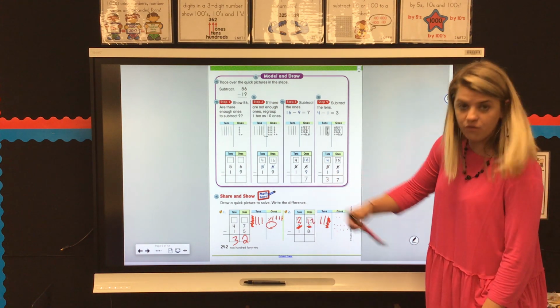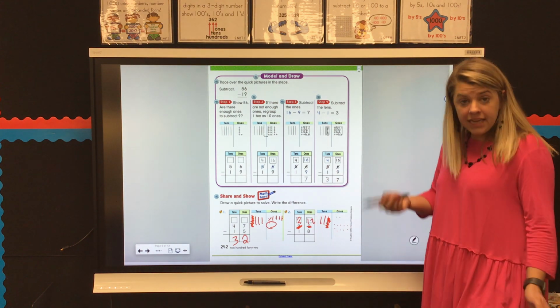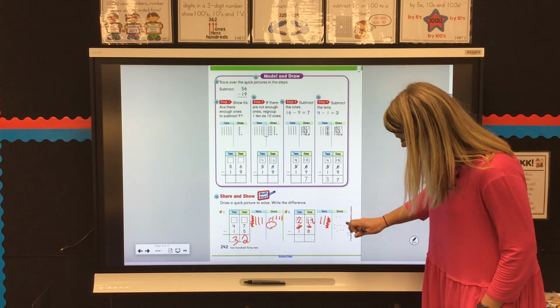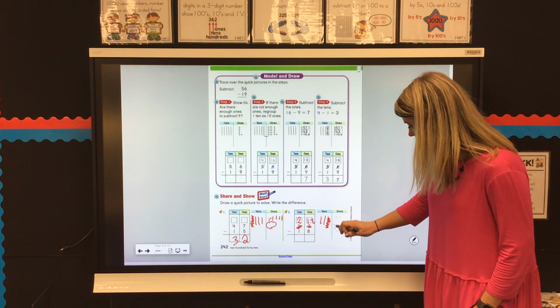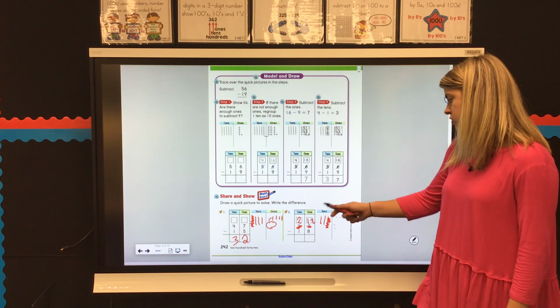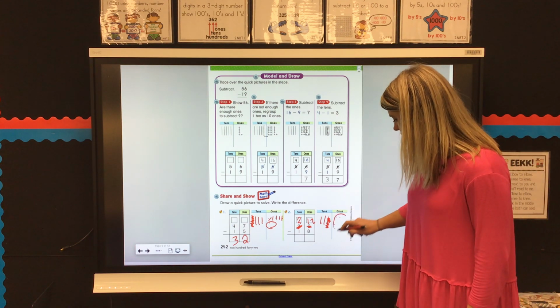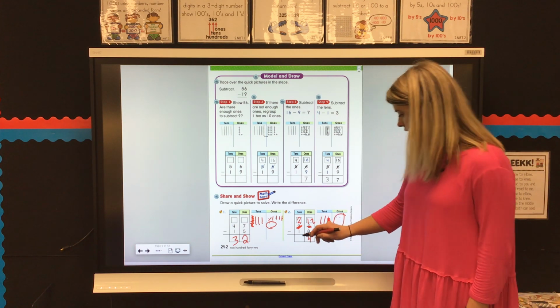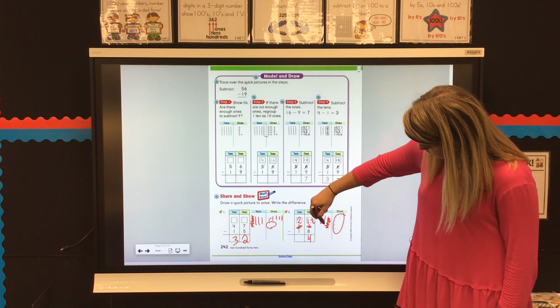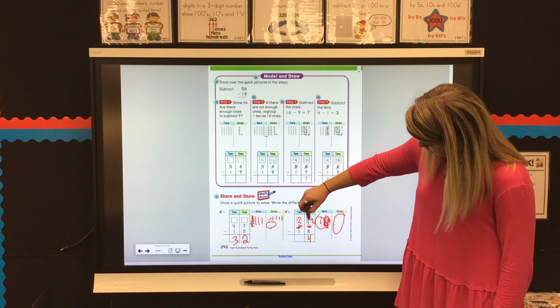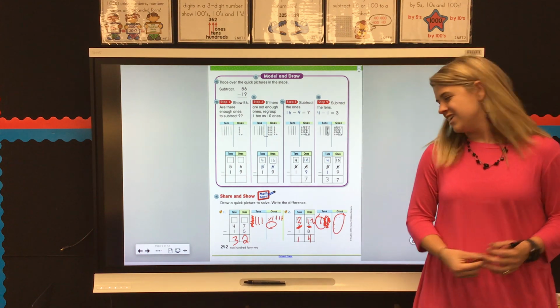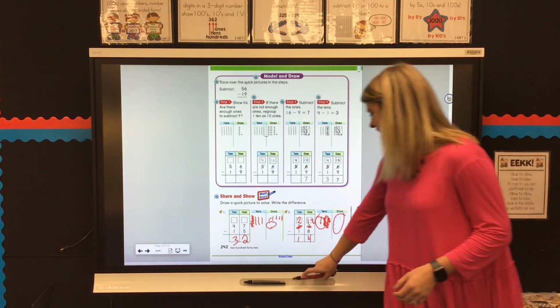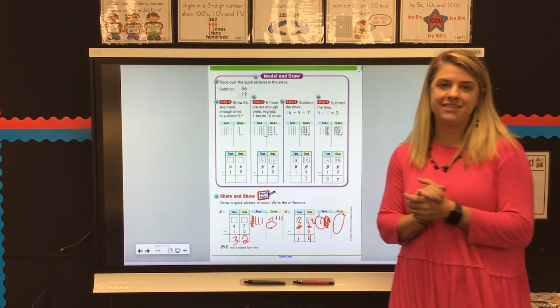Can we do 12 minus 8? Yes, because now there's more on the top. 2, 4, 6, 8. 12 minus 8 equals 4. 2 minus 1 equals 1.